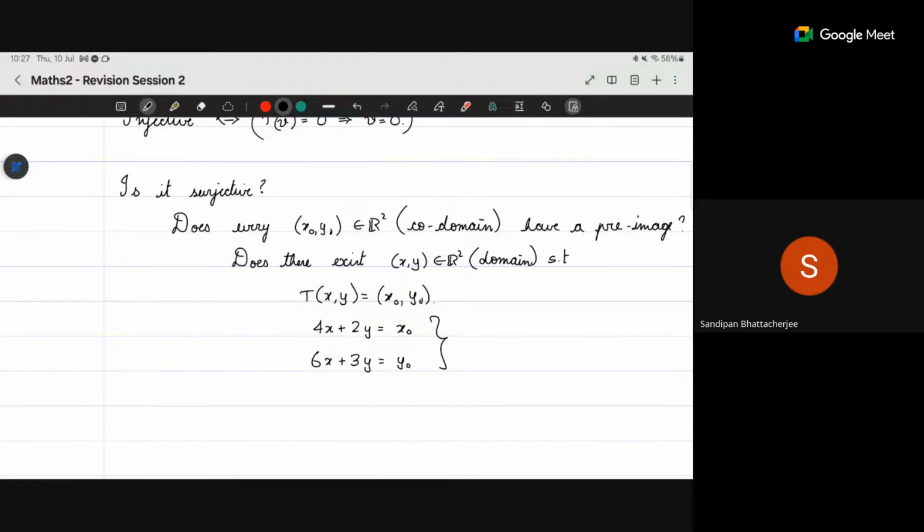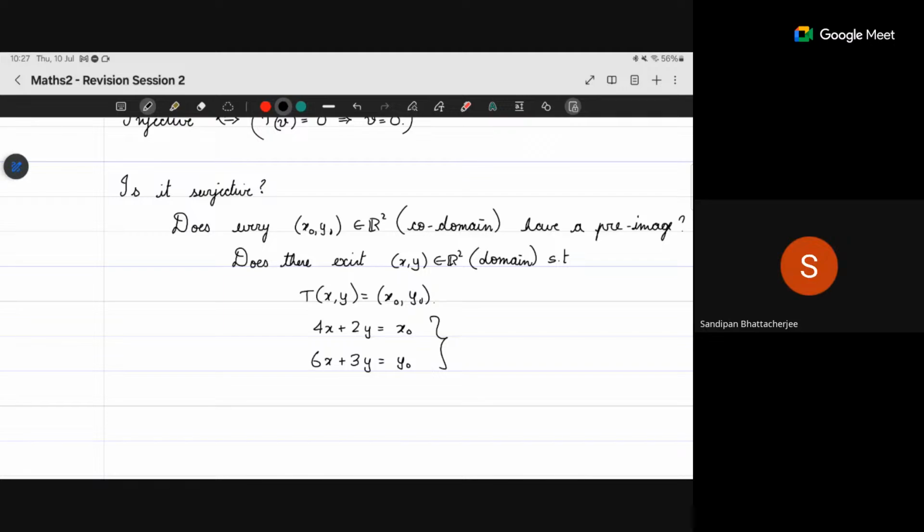But when you take the first equation, it's x plus 2y equal to x0 by 2, and the second is also 2x plus y, which is y0 by 3. Yeah, you're almost there. Just complete that argument.